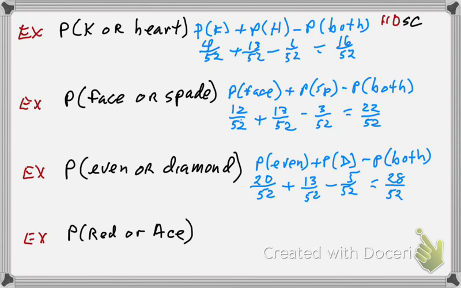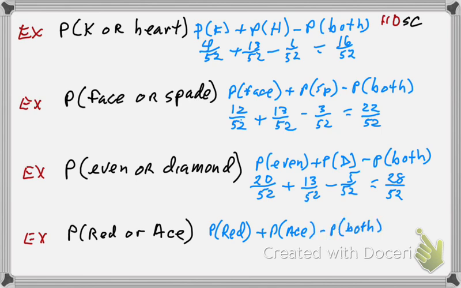Last one on this page. Red or ace? Mutually exclusive? No. So probability of red plus the probability of an ace minus the probability of both.